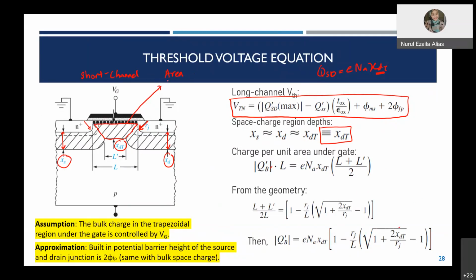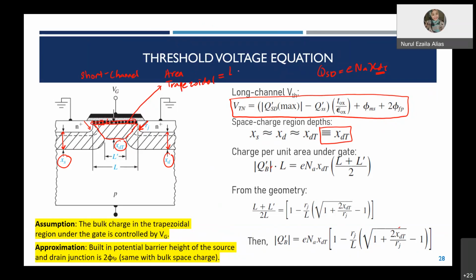So the area of the trapezoid is equal to, in Neamen they just wrote it like that. This length is L, right?